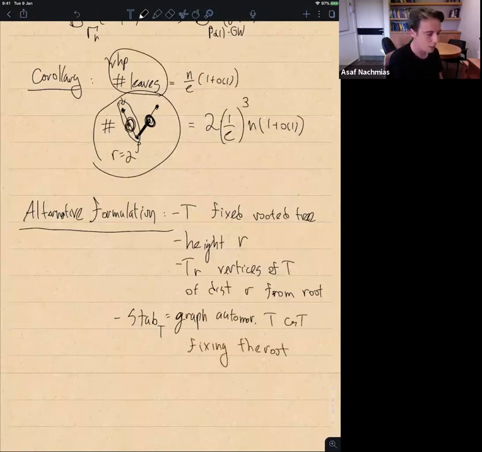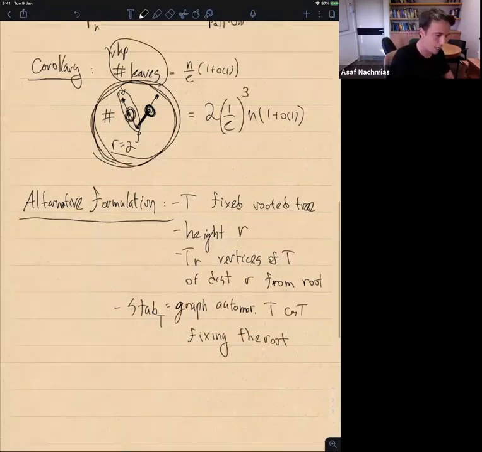So for instance, in this graph that I've just plotted, you can see that the size of this automorphism group is just 2. You can just flip the two sides around. And now I can restate.